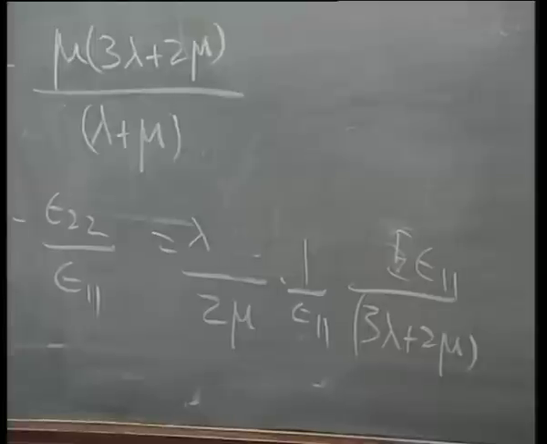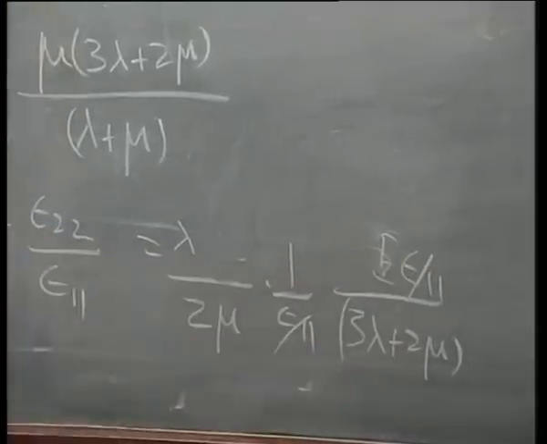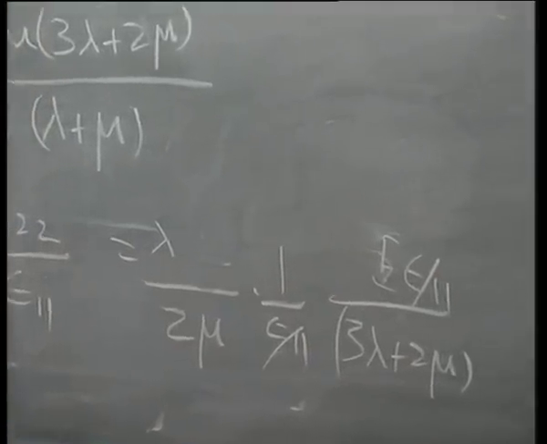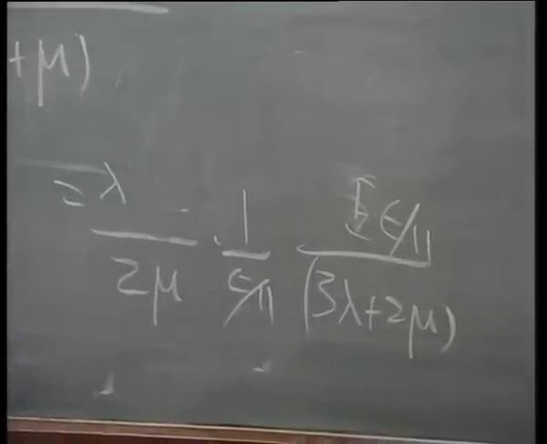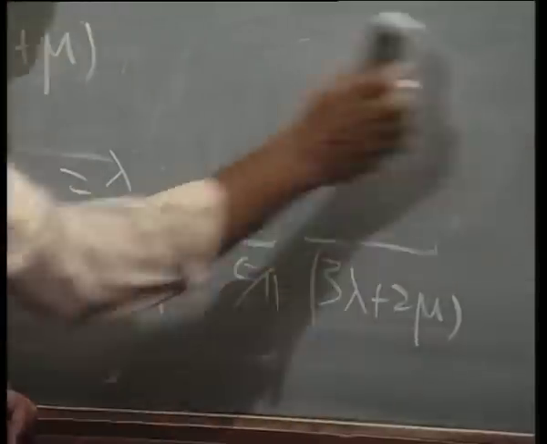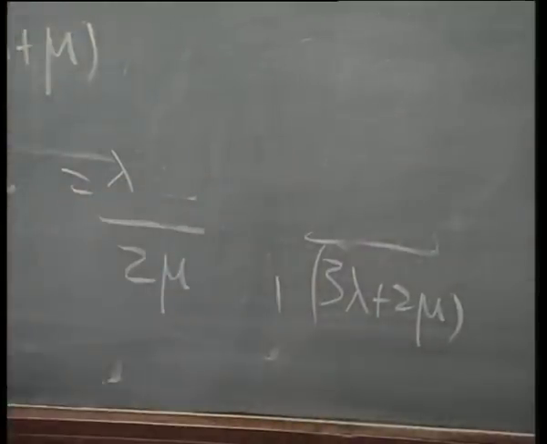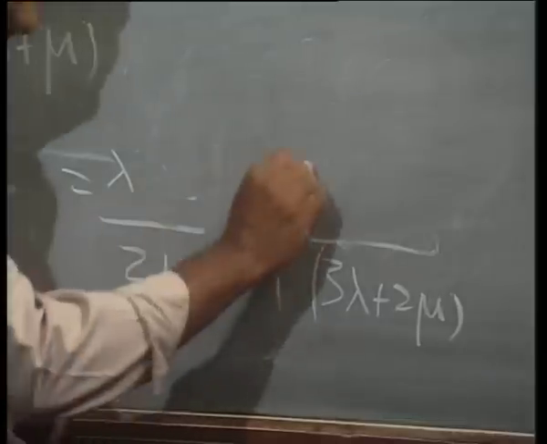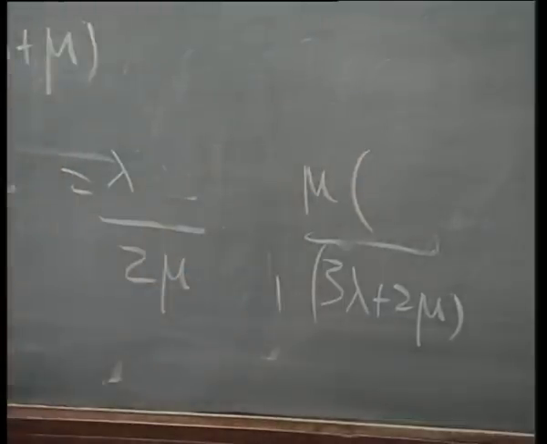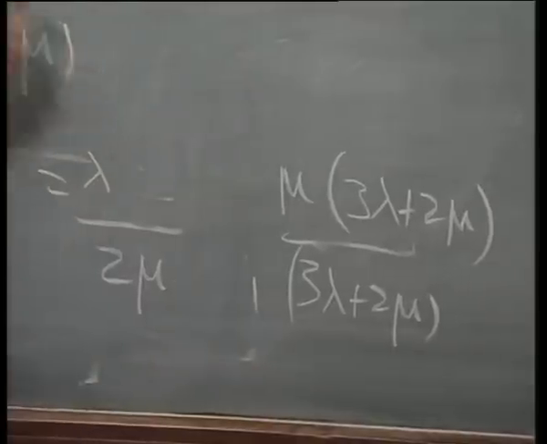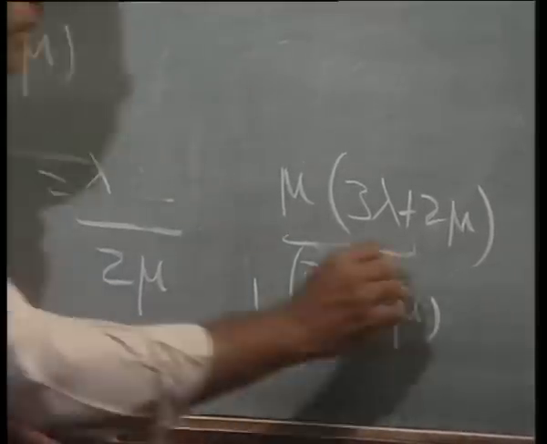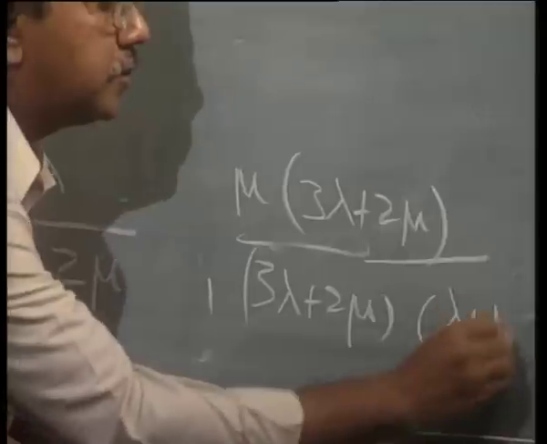This and this go. What is E? E also I have from there, mu divided by 3 lambda plus 2 mu, right? From here I am writing, divided by lambda plus mu.